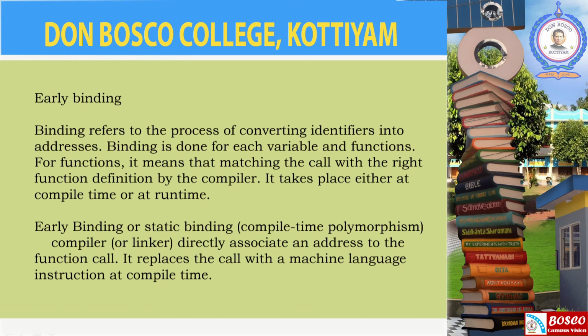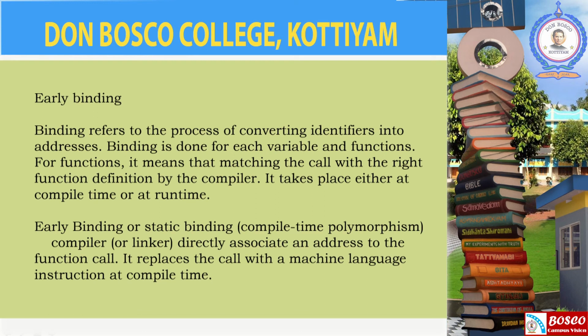And early binding or static binding or compile time polymorphism means that linking will be taking place at compile time. That is, the compiler directly associates an address to the function call at compile time. It replaces the call with the machine language instruction at compile time.